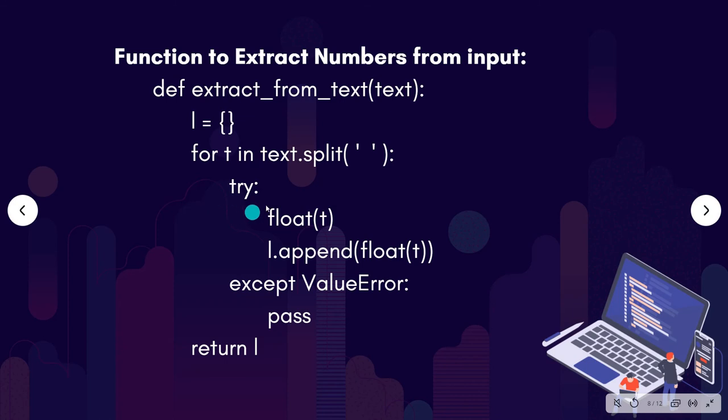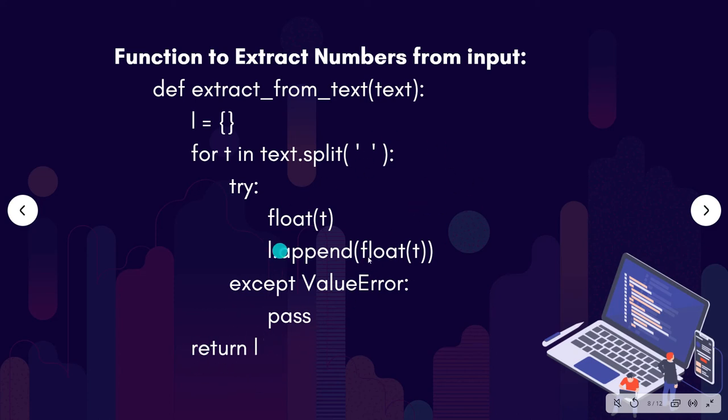So here we use try and except. It will first try to convert t to float, and if it is converted, we will just append it to L, and if it fails, we will catch ValueError, and in this we just write pass. So in this way it will not give any error, and in the end just return L. So it will return the list having all the numbers.